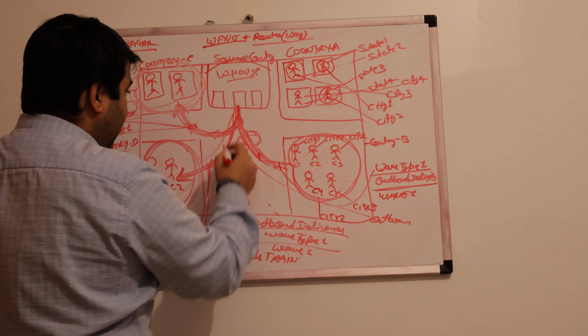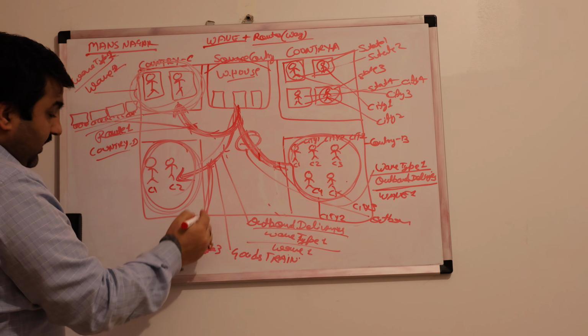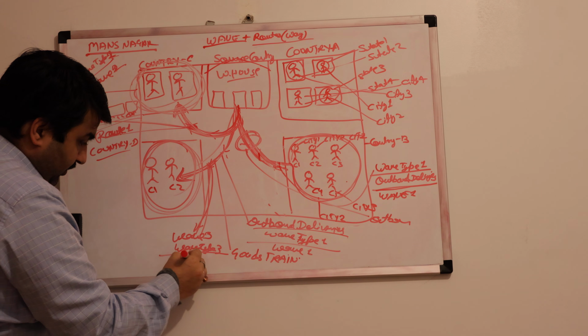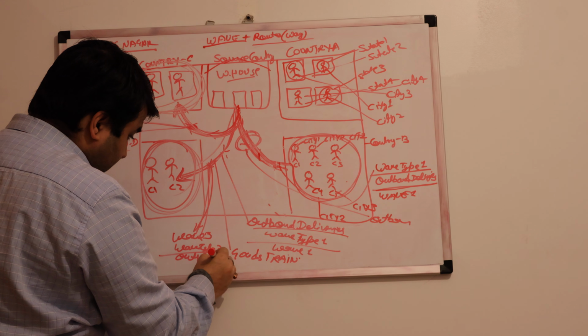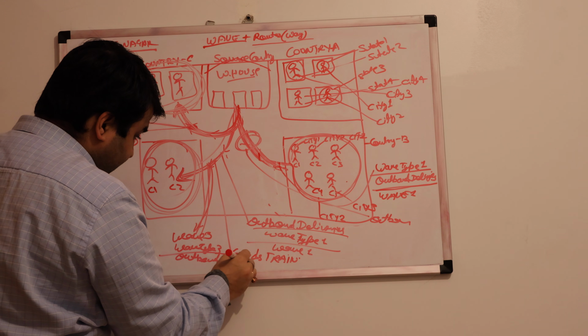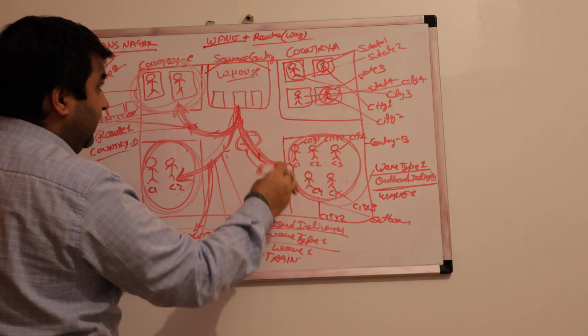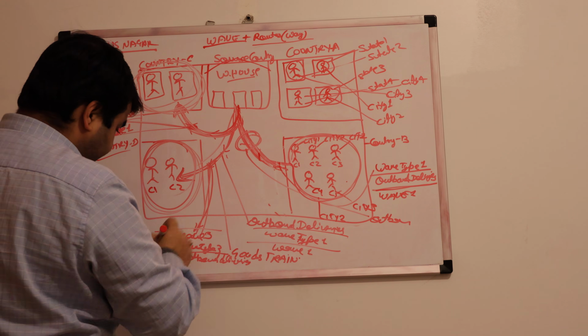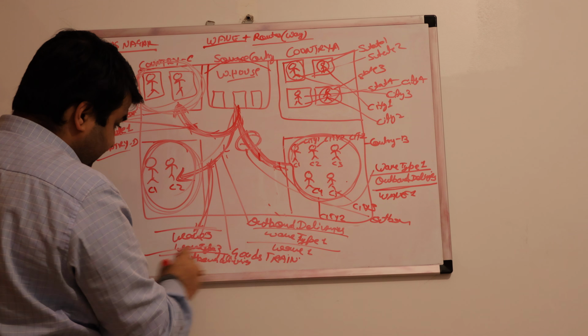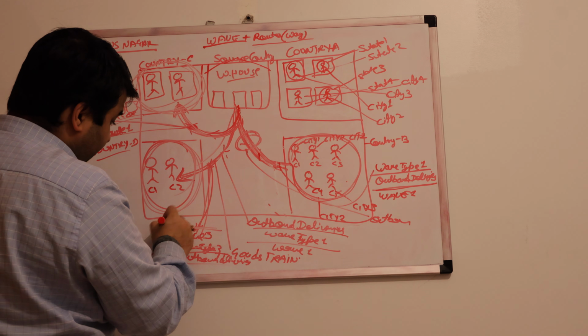So these are the outbound deliveries, waves, grouping together the deliveries, which we can call a route.